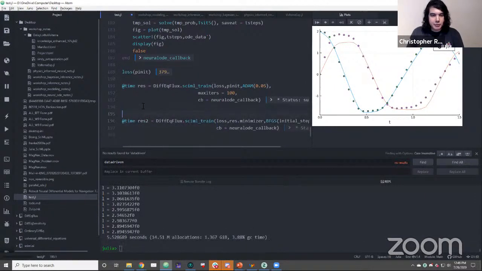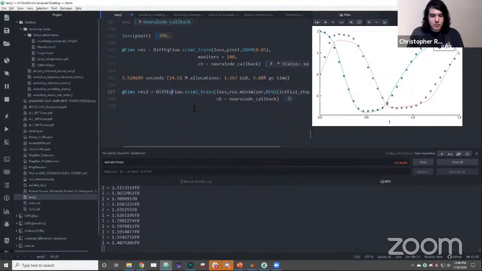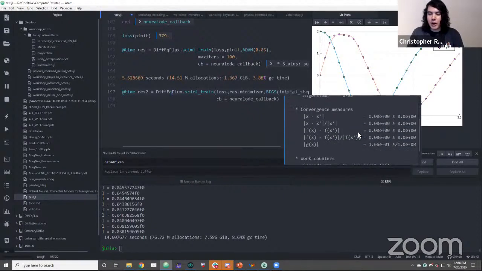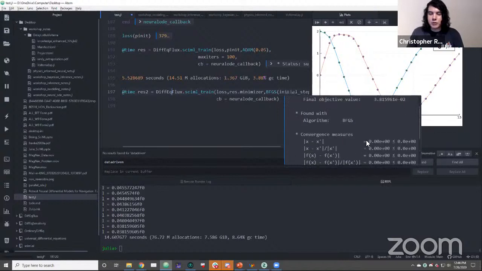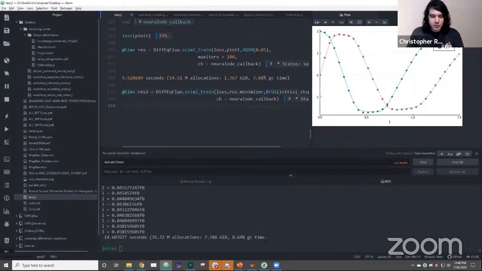And then we finalized it with BFGS, and this will go all the way to what it finds as the minimum. The way that BFGS stops by default is it looks for whether the convergence criteria are met, whereas Adam just goes for a fixed number of iterations. So this took about 14 seconds.